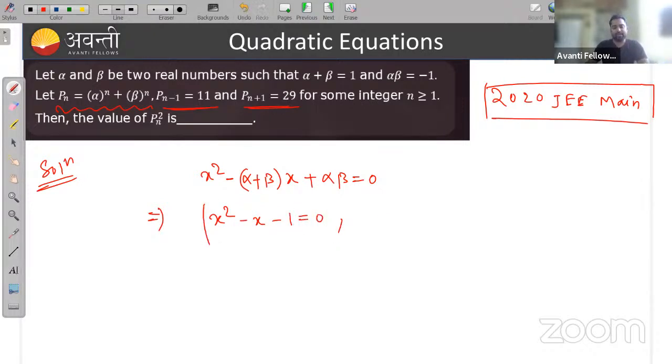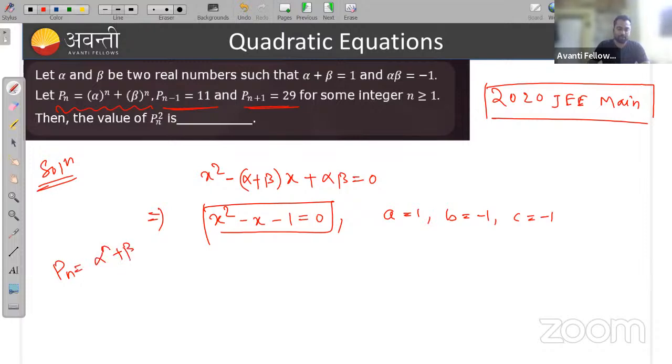So here in this equation, we have a is equal to 1, b is equal to minus 1, c is equal to minus 1. Okay, and we are given Pn minus 1 and Pn plus 1, and Pn is alpha to the power n plus beta to the power n.